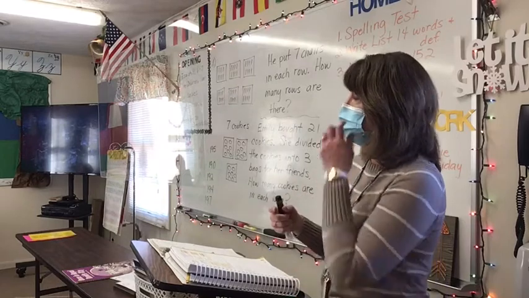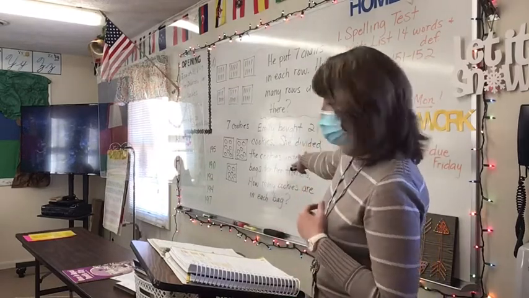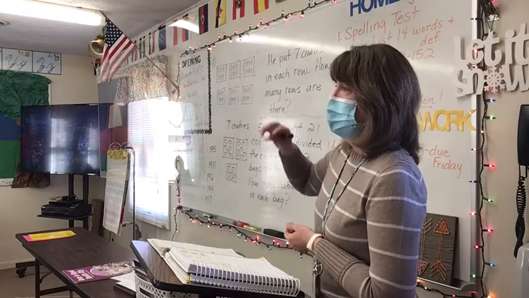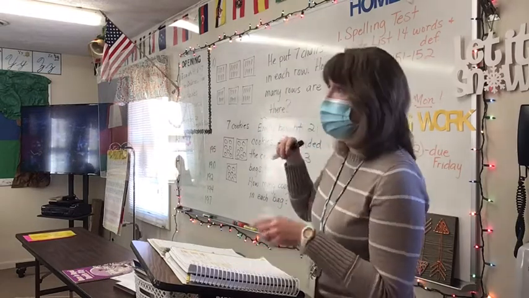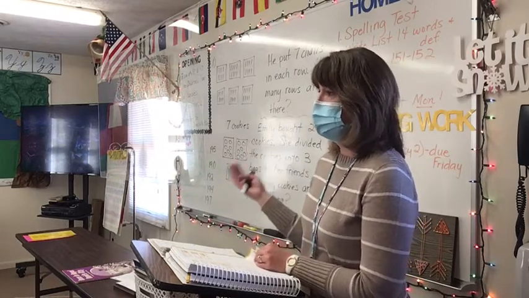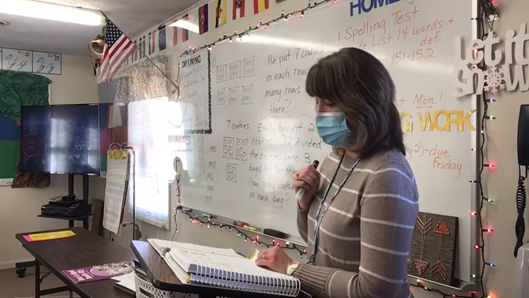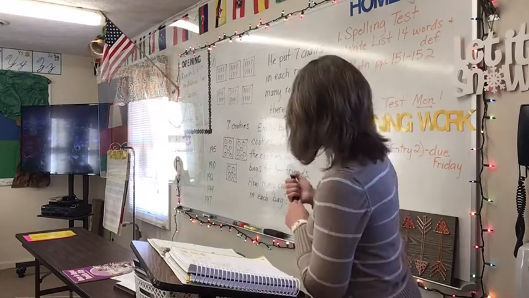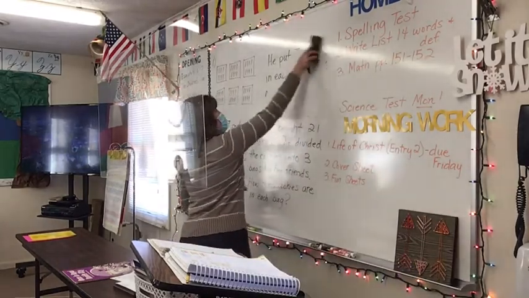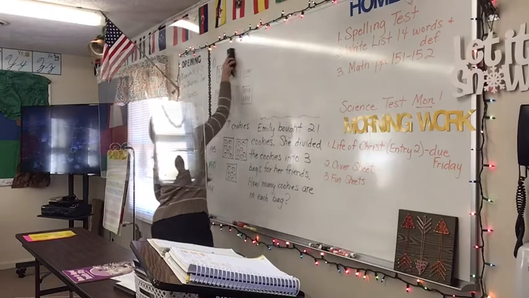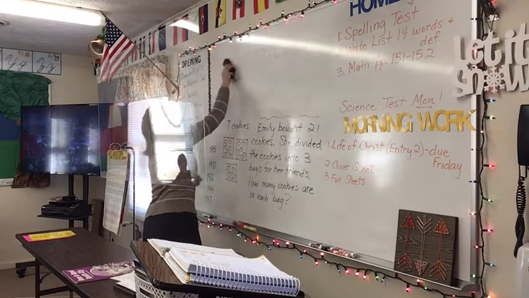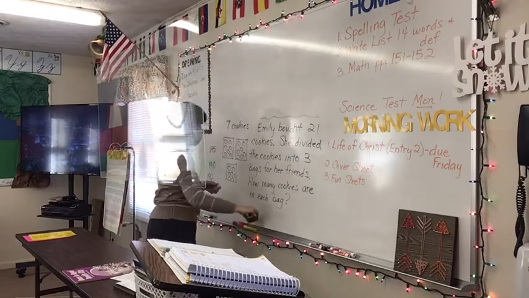So instead of, like for number 4, she had 3 bags and put 7 cookies in each. For question number 5, she has only 3 cookies in each bag, which means she needs 7 bags. So it switches. Okay, so let's write it as being like this. All right, so Emily bought 21 cookies, just like before.